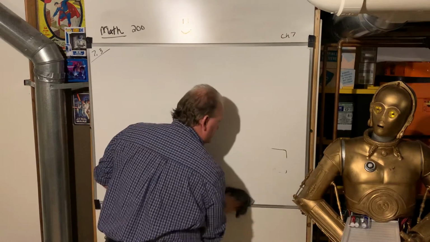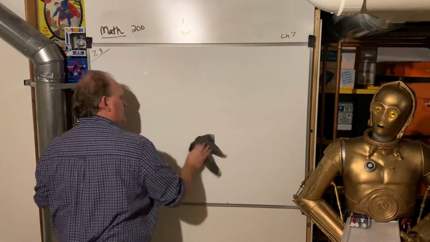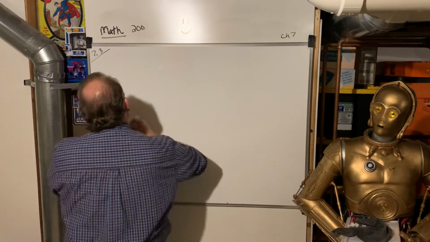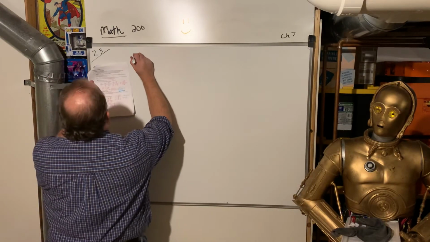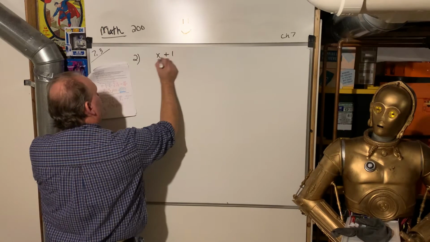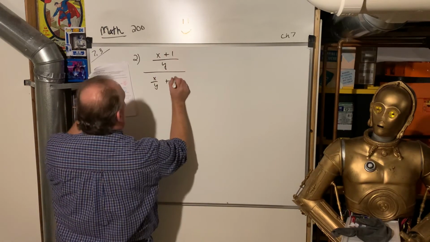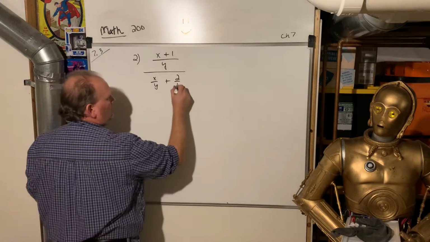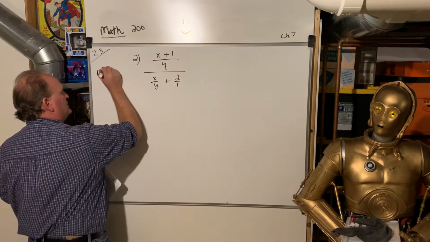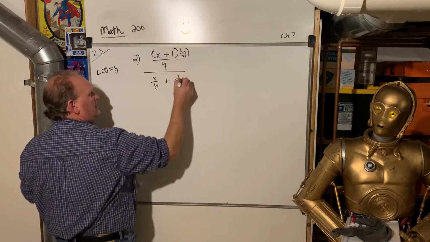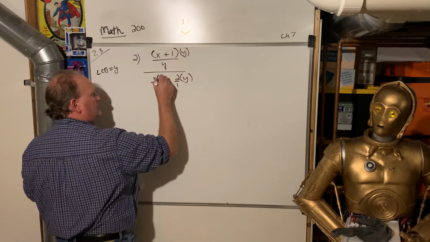And this one will be a little easier to find the LCD. That one was a little complicated, but lowest common denominator. So let's look at this one. It's x plus 1 over y all over x over y plus 2. Well, that's 2 over 1. The LCD here is y. So this gets a y, this gets a y, and this gets a y.